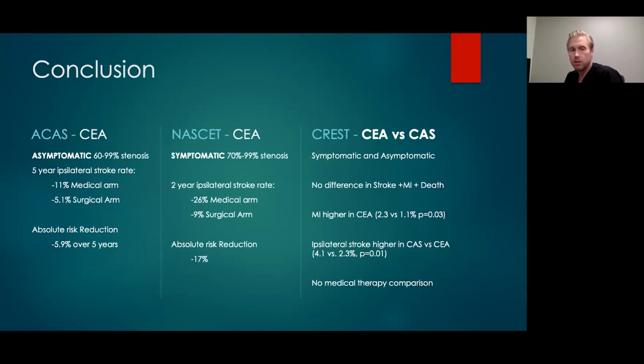And interestingly, the secondary outcome points showed that MI was higher in CEAs and ipsilateral stroke was higher in stenting. But there was no medical therapy comparison in that group to know how they fared against medical therapy, and it was also mixed symptomatic and asymptomatic. So it's a bit of a hairy one to untangle.